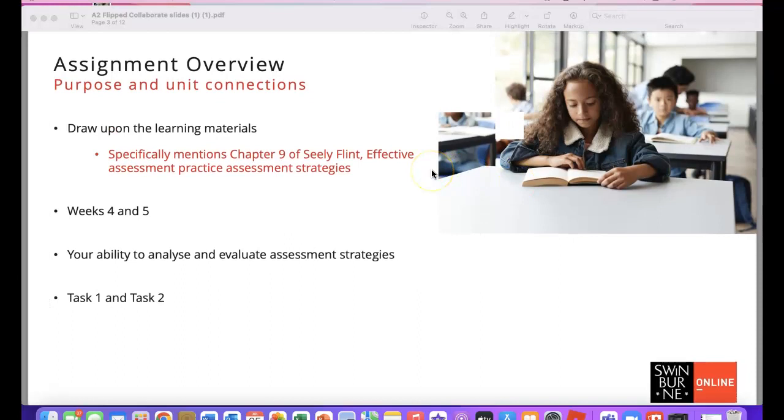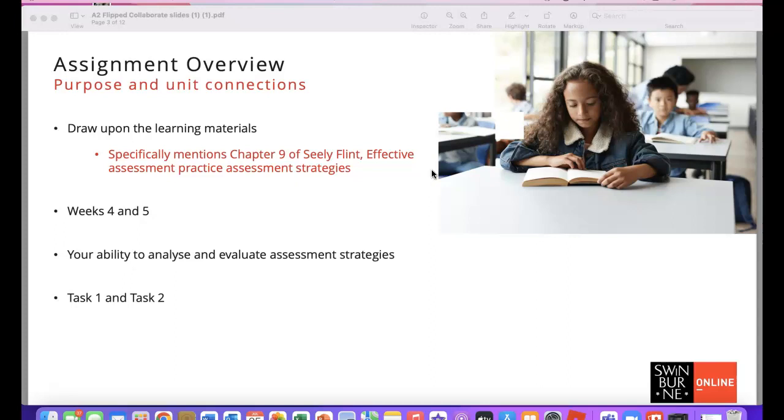So let's have a look at what we need to do in terms of the assignment details and give you a bit of an overview. A lot of your content is going to come from that Seeley Flint text in terms of chapter 9, which gives you an in-depth look at what assessment is and what assessment means in terms of literacy.